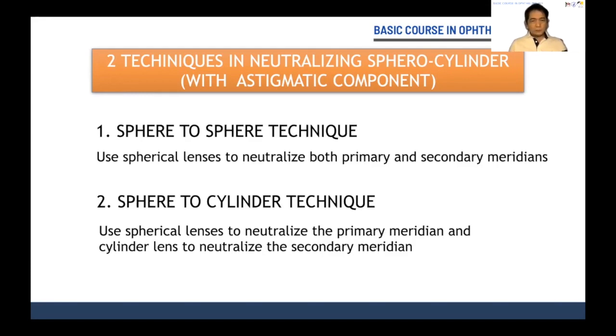The second one is the sphere to cylinder technique, in which you utilize a spherical lens for the primary meridian and then a cylindrical lens to neutralize the secondary meridian, a combination of sphere and cylinder lenses to neutralize the spherocylindrical component.